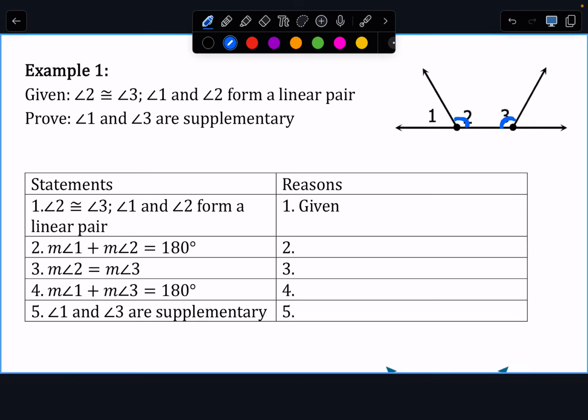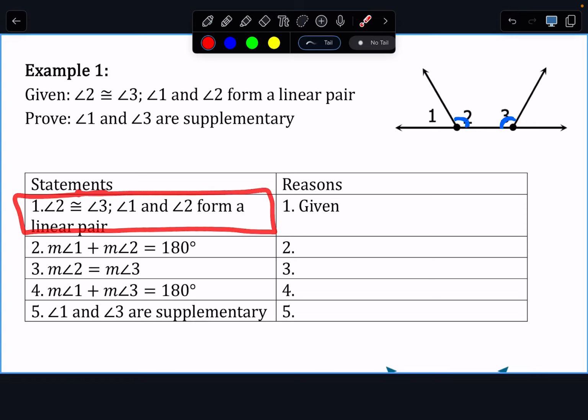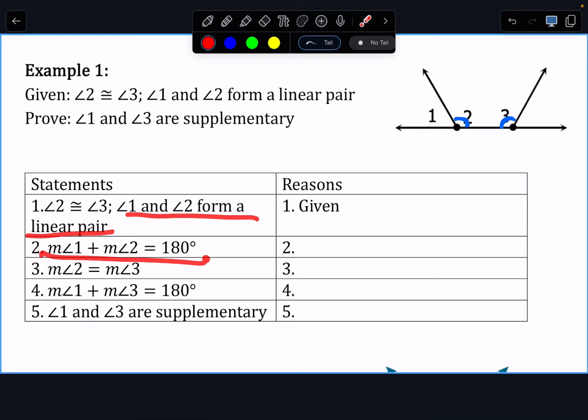Okay, so in box 1, I have my statement that is my given. How do I go from statement 1 to statement 2? So angle 1 and 2 form a linear pair. The measure of angle 1 plus the measure of angle 2 is 180 degrees.